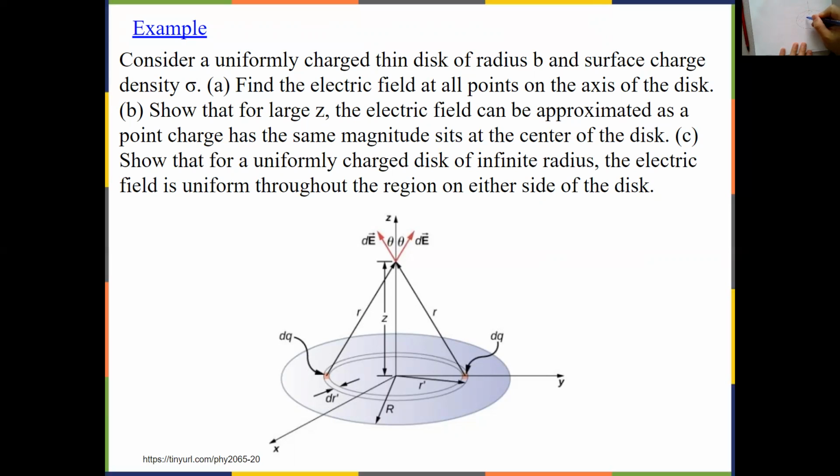Now what you are going to do is divide the disk into small rings, where this one is say R prime away. The thickness of the ring will be dr prime.